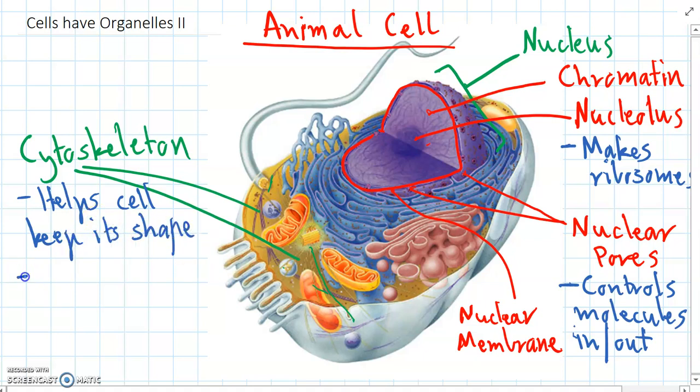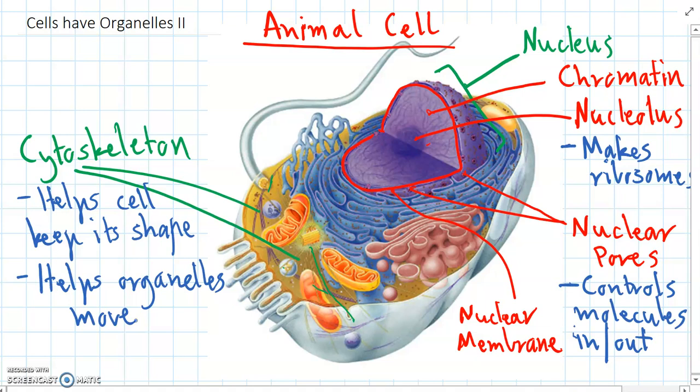And it provides almost like a train track for organelles to move along, particularly for organelles like vesicles that need to move from one place to another. So it helps organelles to move.